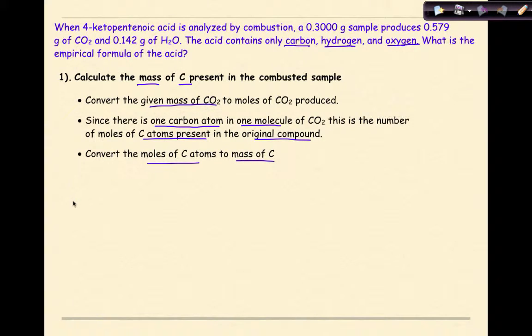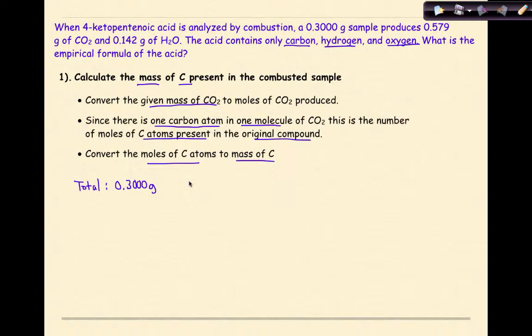So where are we going to start here? Well, there's a couple of key pieces of information. The first is the total mass that we're dealing with, which is 0.3000 grams. Notice how it's going out to basically 4 decimal places. That tells us that as we work through this, we want to take our answers out a couple of decimal places.